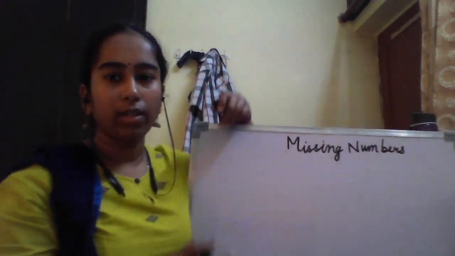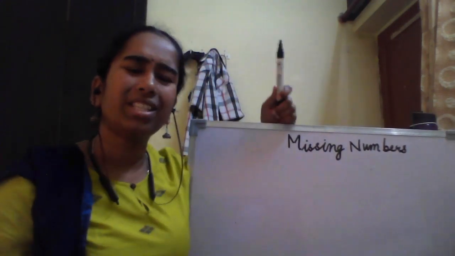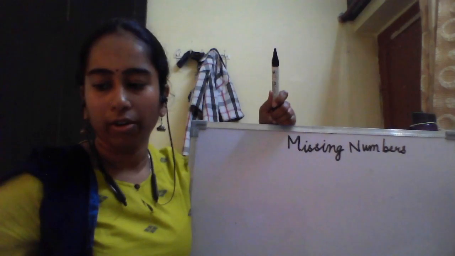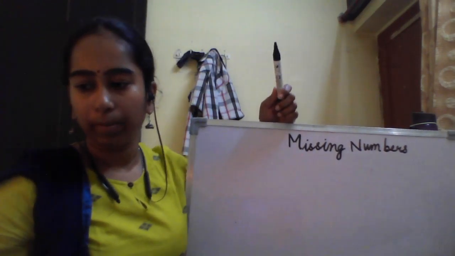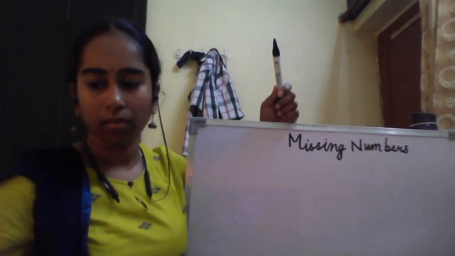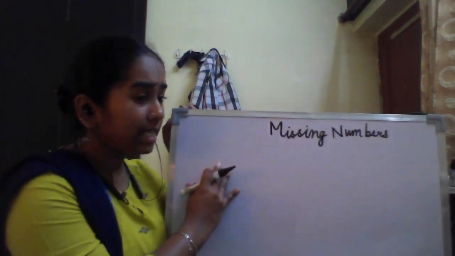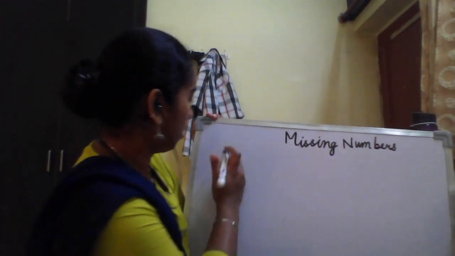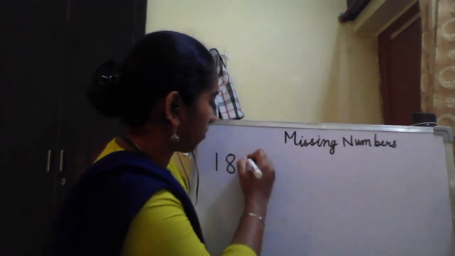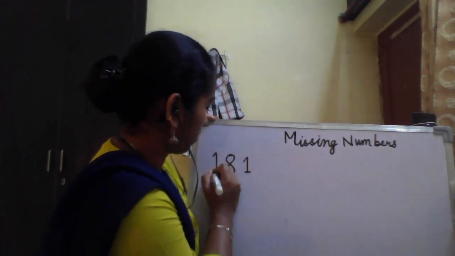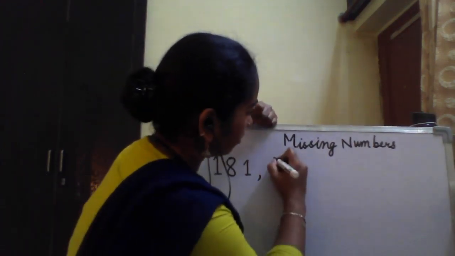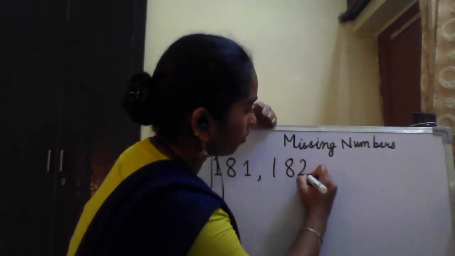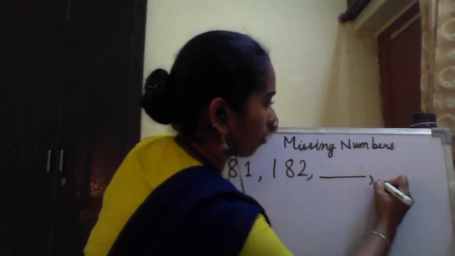When we know the counting, then you can do missing numbers very easily. Now, let's say we have the number. Can you write it down with me, or else listen to me very carefully on how to do the missing numbers. All right.